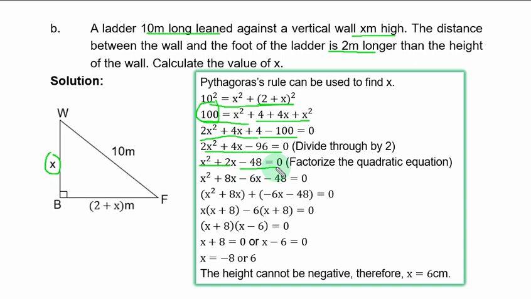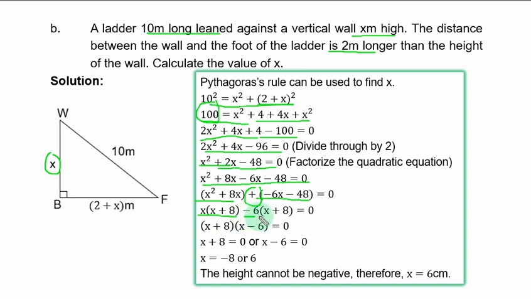You write them in terms of S and replace the middle term with them. The purpose is to get 4 terms so that you factorize by grouping. The first 2 terms, the first group, the last 2 terms, the second group. Ensure that you use a plus sign to separate the 2 groups. From the first group, S is common. If you factor out S, you are left with S plus 8. From the second group, minus 6 is common.